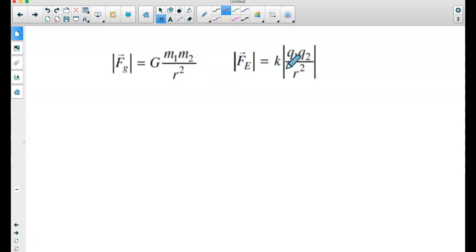So these equations are very parallel to each other, and they behave in very similar ways. I should mention this inverse square relationship also fits with the moon experiencing a much smaller gravitational field than we experience at the surface of the Earth. The moon is much, much farther away from the center of the Earth, and that inverse square relationship tells us that as you get farther away, the force gets smaller.